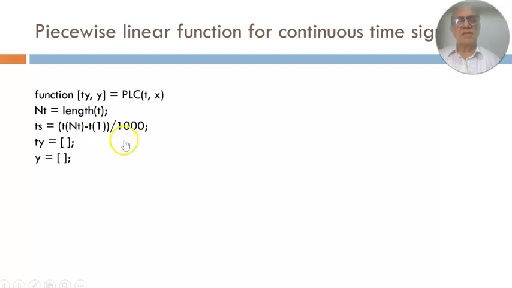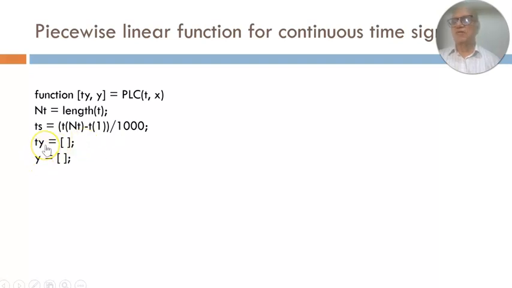Whereas in the case of a continuous variable, your increment should be as small as possible. So the question is, how small? So the answer to that is that we first calculate the total time length. What is the total time from the first value to the last value? So this difference will give you the total time, and we select ts, which is quite small compared with this total time. So in this case I have selected 1000 times as small. That is what I have selected.